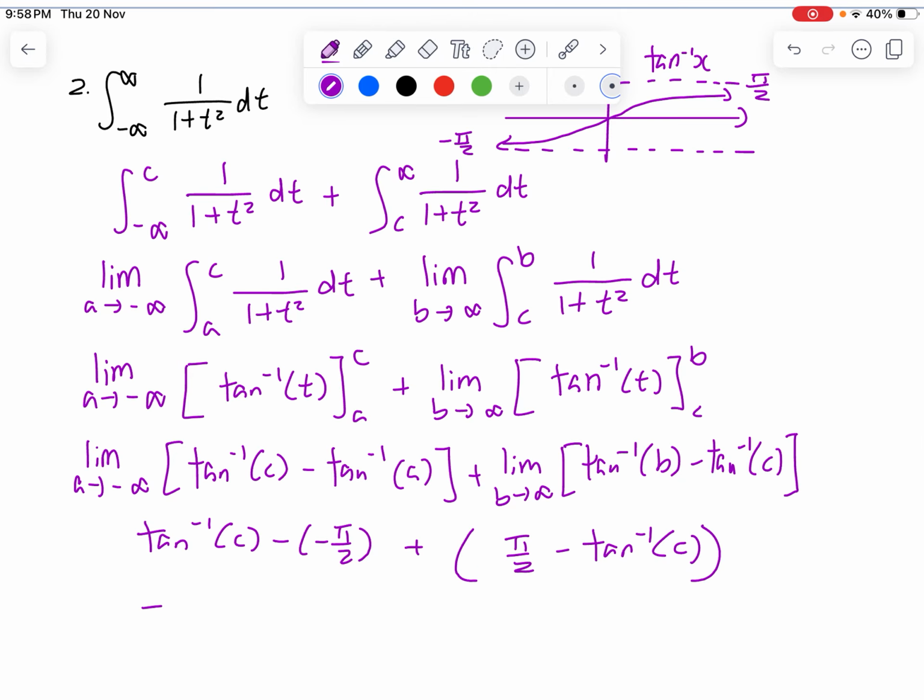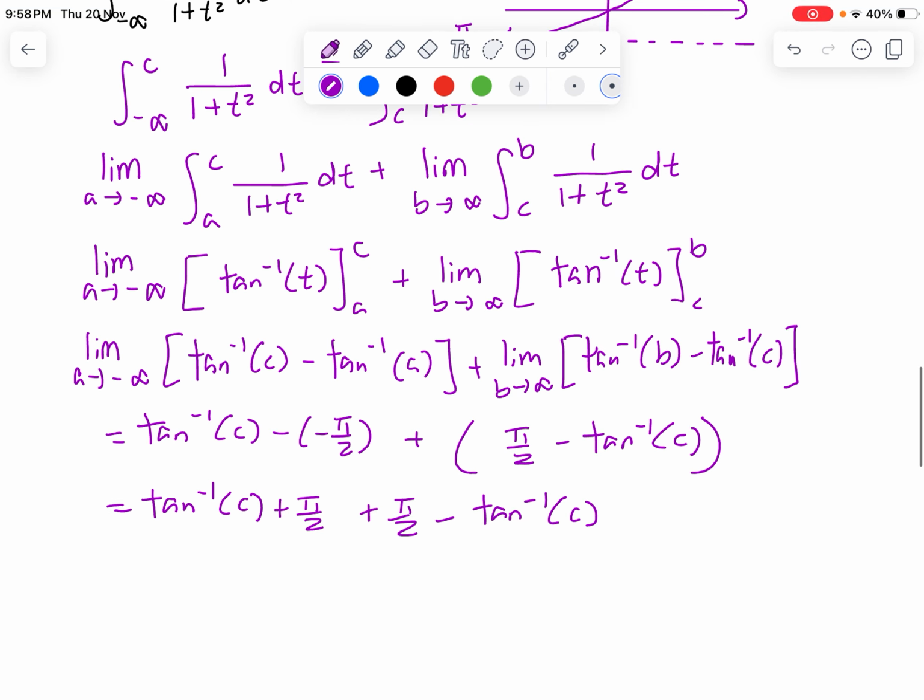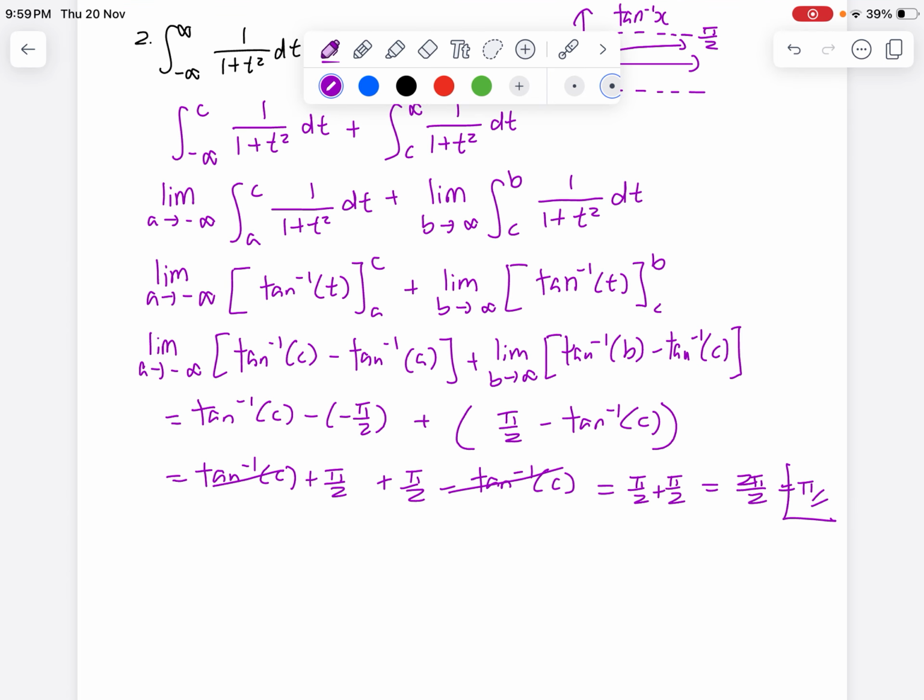Let's just remove the brackets. So we get tan inverse of c, minus minus becomes positive. I'm just really simplifying this. Notice the tan inverse c beautifully cancels out, and we're left with pi over 2 plus pi over 2, which is 2 pi over 2, which is equal to pi. So now we have a value, pi.